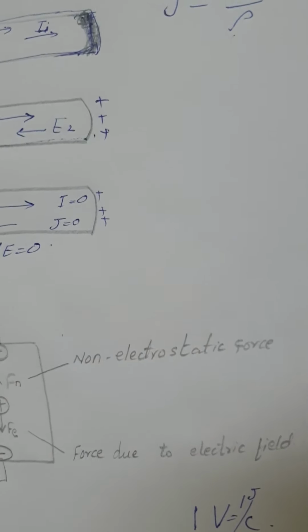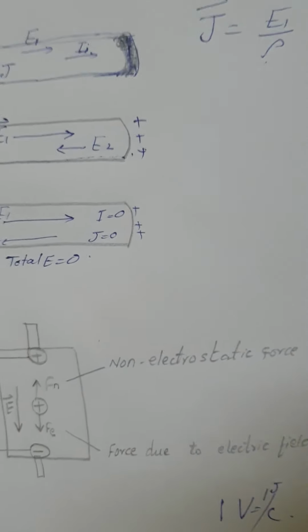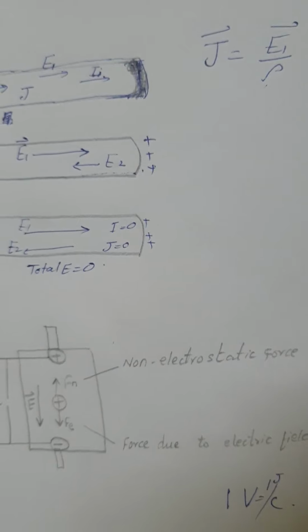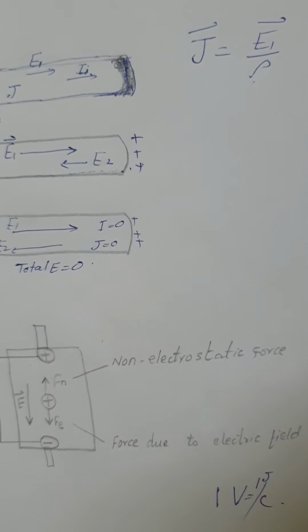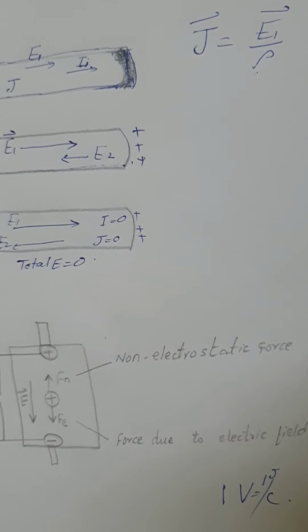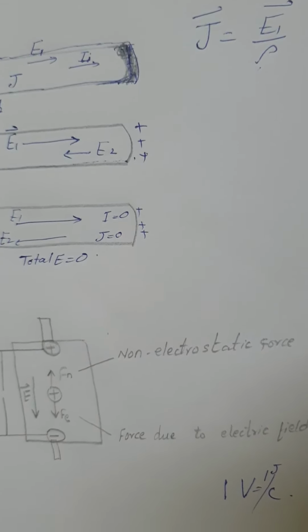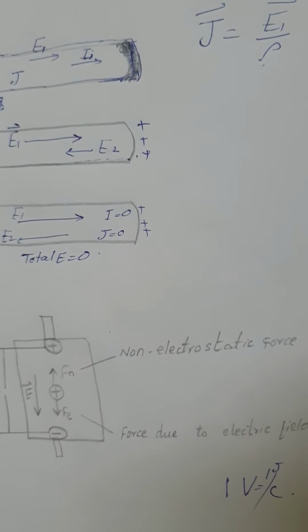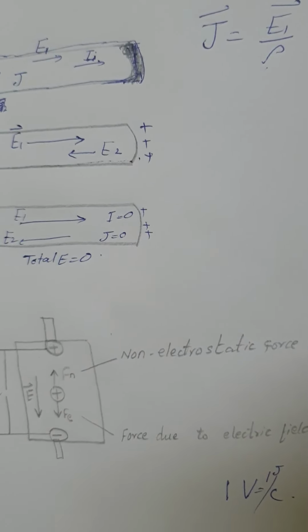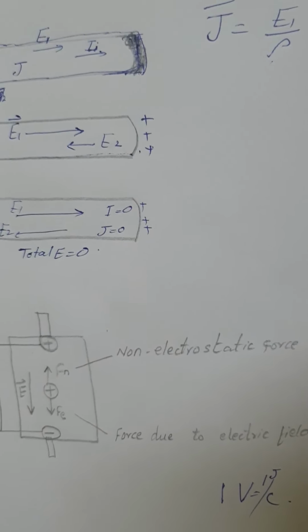This typical flashlight battery has an EMF of 1.5 volts, which means that the battery does 1.5 joules of work on every coulomb of charge that passes through it. So every complete circuit with a steady current must include some device that provides EMF.